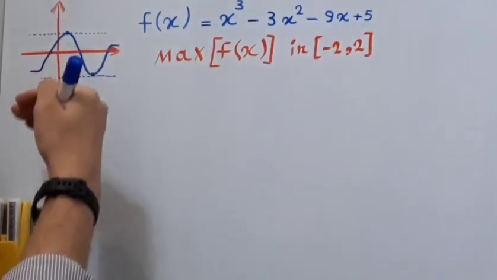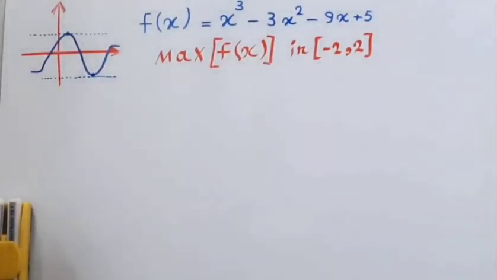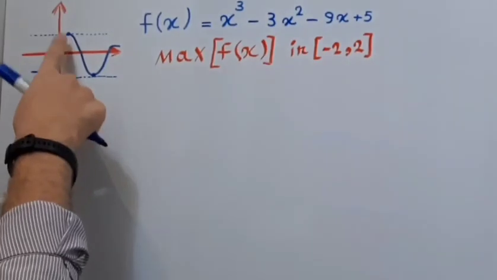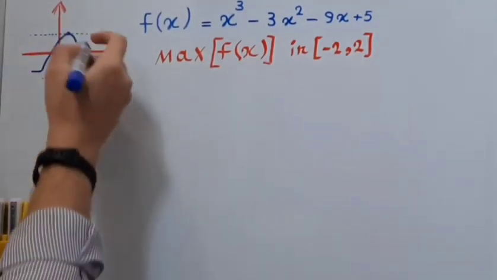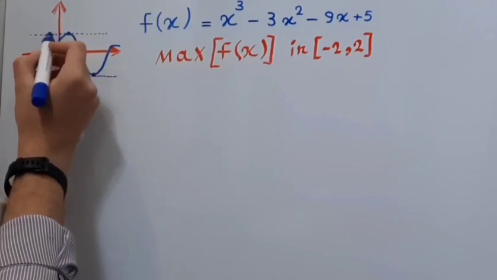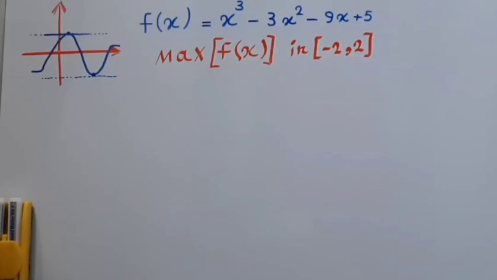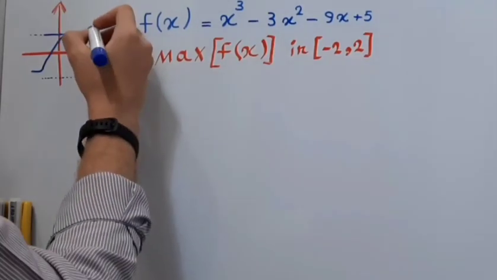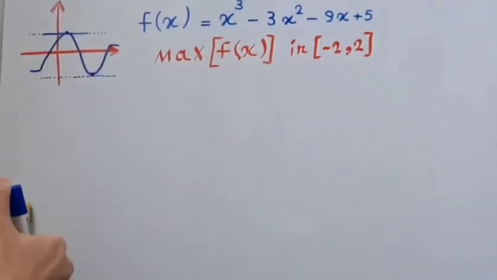Why? Because the f of x is greater than any f of x that is behind or after this point. And let's, for example, put a line on this, and the slope of the line is 0. Okay.